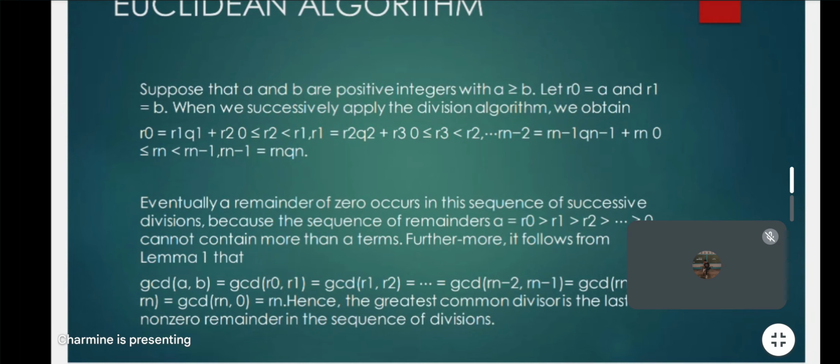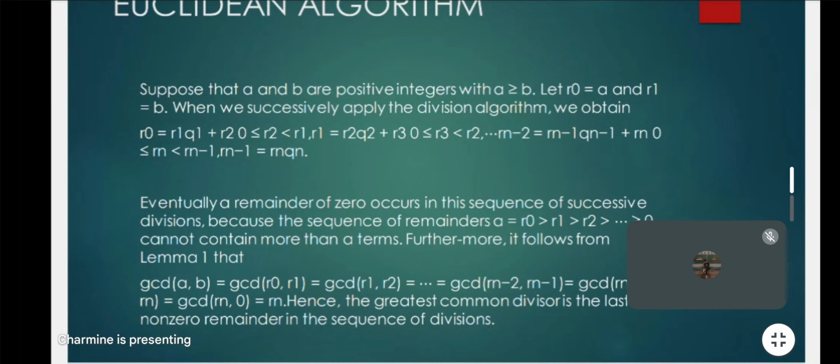The sequence of remainders A equals r0 greater than r1 greater than r2 greater than 0 cannot contain more than A terms.